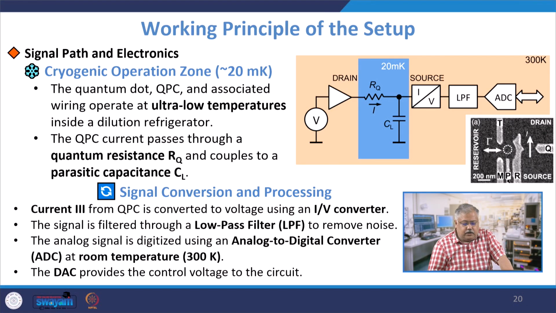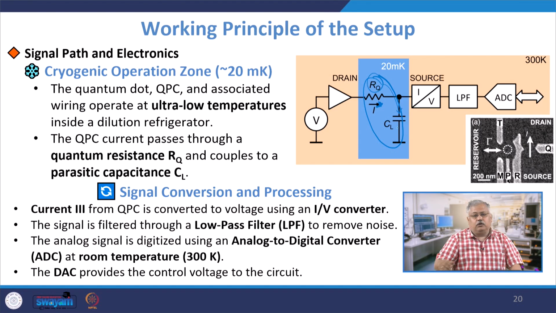The QPC current through the quantum resistance couples with the parasitic capacitance. So there is an RC network here, and the quantum current flowing here passes through the quantum resistance RQ and then couples with the parasitic capacitor. The parasitic capacitor therefore charges to a high value depending upon the current flowing through the RQ value.